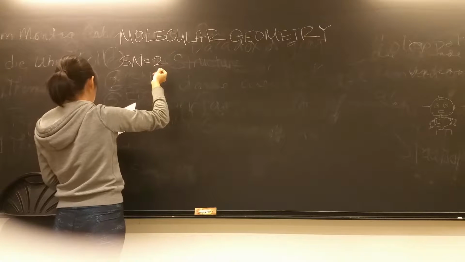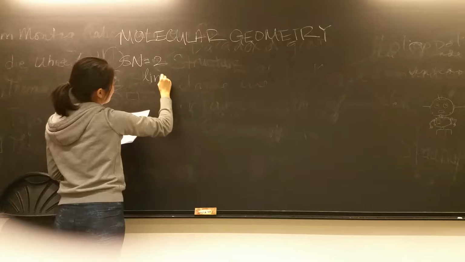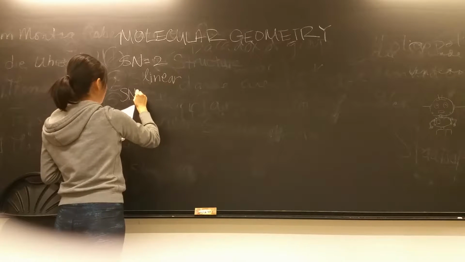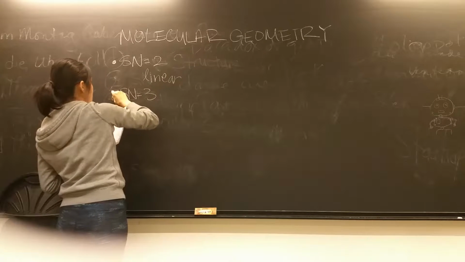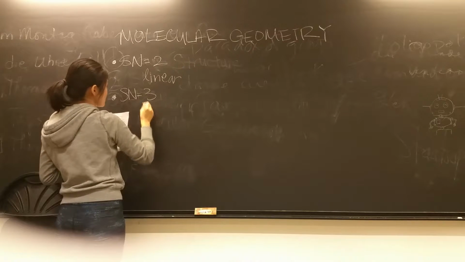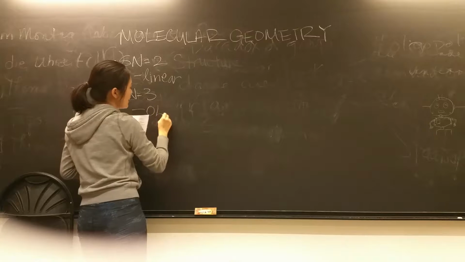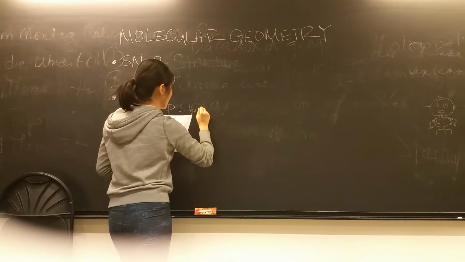You're not going to have any lone pairs, and this is just always going to be linear. Steric number 3. I'm just going to put these in bullet points. And if you have no lone pairs, 0 LP, no lone pairs, equals trigonal planar.